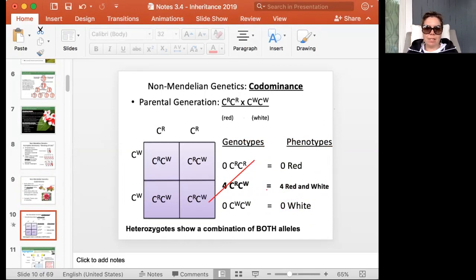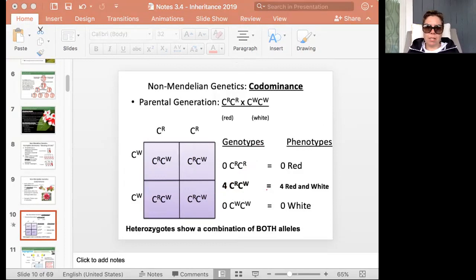This is just showing you how you might do a Punnett square for this codominance example. We use different-looking alleles just to emphasize that we're looking at non-Mendelian genetics.